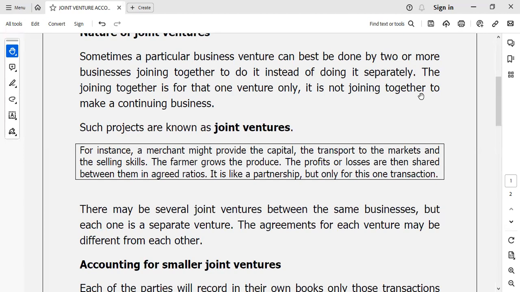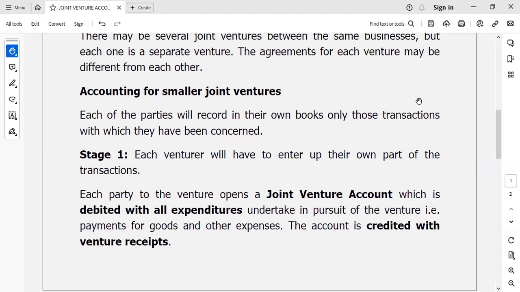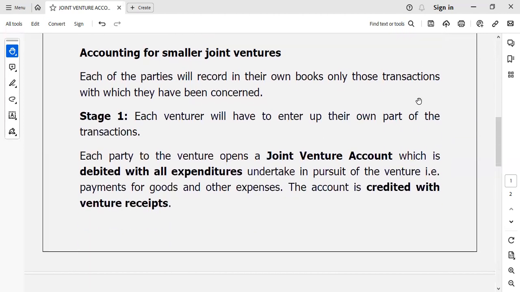So you can enter into a number of different joint ventures at any one time with the same party or with several different parties. Now, how do we account for these small joint ventures? The accounting is very, very easy for the smaller joint ventures.